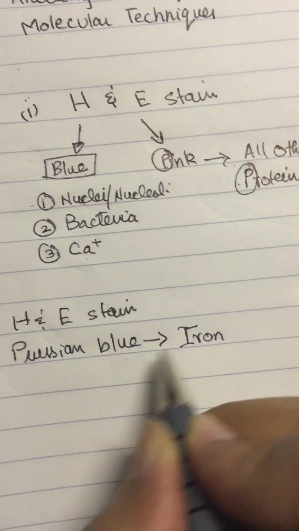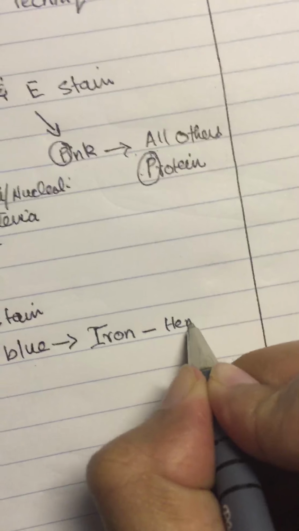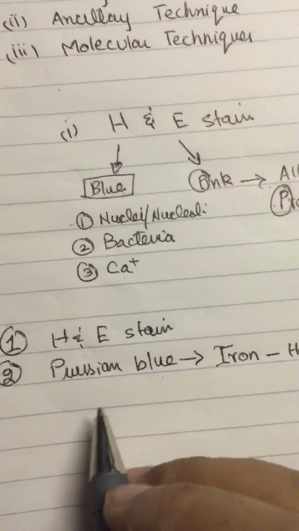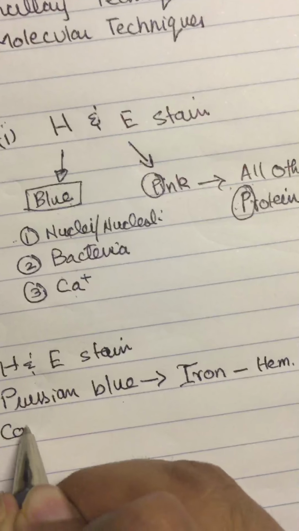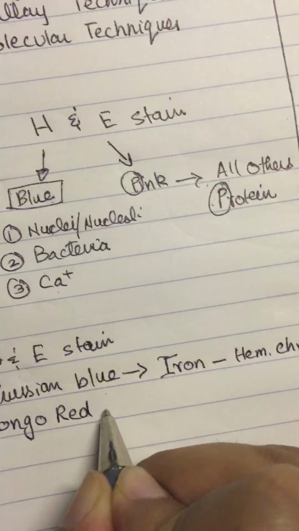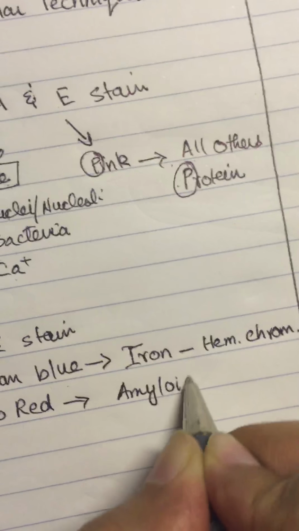Most commonly it is used to identify hemochromatosis. The other one is the Congo red stain, that is diagnostic for amyloid.